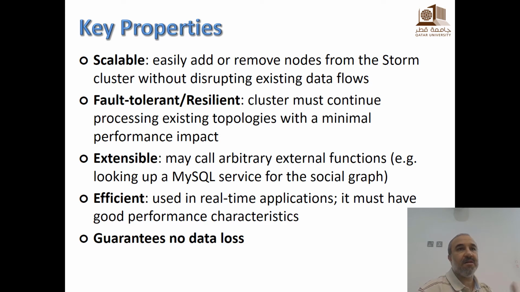Extensible: it can support working with other frameworks like MySQL, for example. Efficient and usable in real-time applications, and you will see that this is a bit different from Spark Streaming. You will see the difference is really clear. And it guarantees no data loss. As we'll see, if the source is reliable, then even with failures of nodes, we will get all the data from that source.